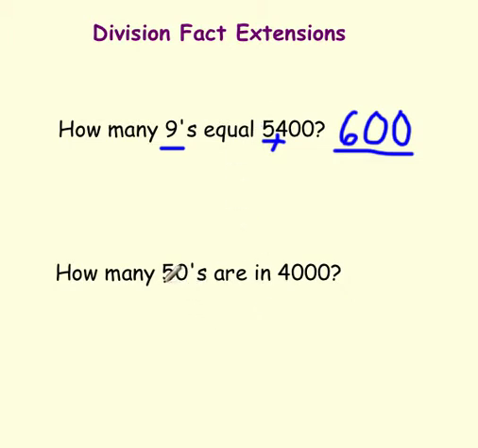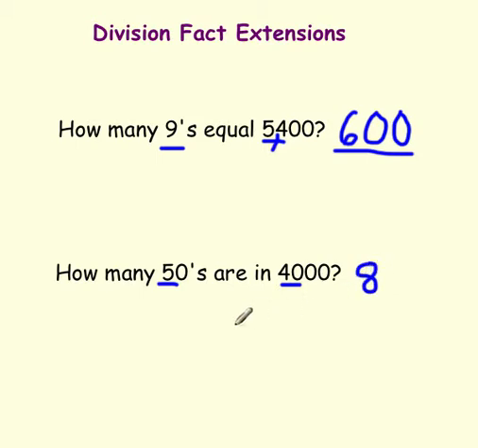How many 50s are in 4,000? I want to start by thinking about what I know. I know that there's a 5 and I know that there is a 40. I want to think to myself, how many 5s are in 40? I know that that answer is 8.